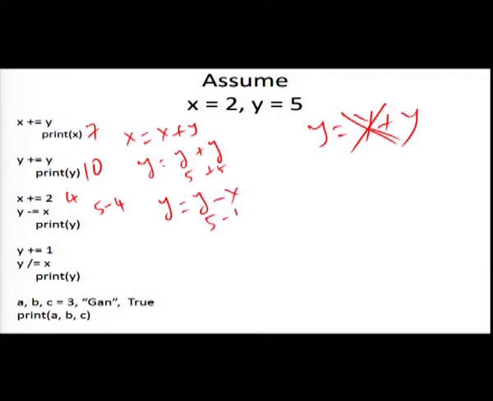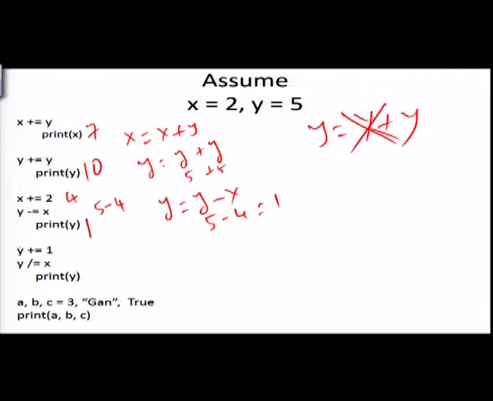So 5 minus 4, when you print y, it prints the result as 1. My dear viewers, if you give x equal to y equal to 5 and then type like this, you get the result. But when you do many computations at the forefront, then you get a different answer.